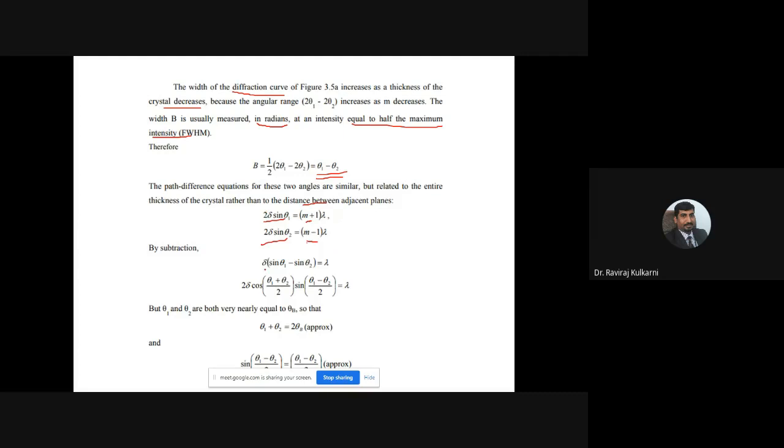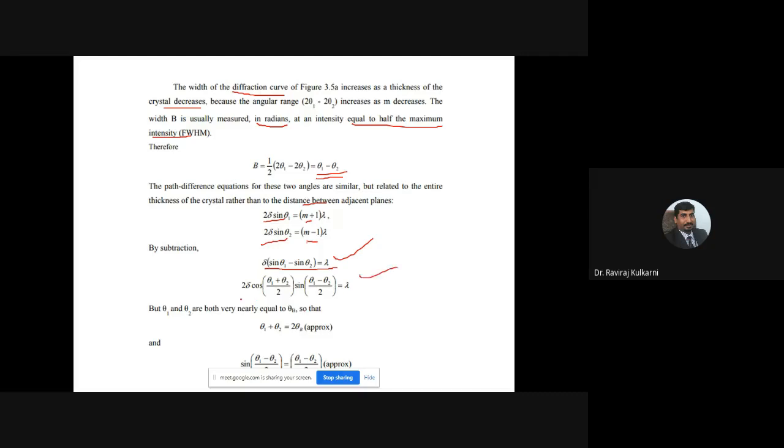What you get is 2d (sin theta 1 minus sin theta 2) is equal to lambda. Mathematically, sin theta 1 minus sin theta 2 you can write as 2d cos((theta 1 plus theta 2) by 2) sin((theta 1 minus theta 2) by 2), and lambda I am keeping as it is.